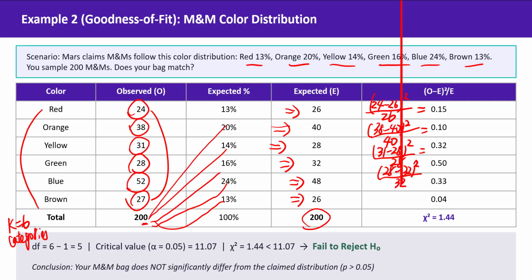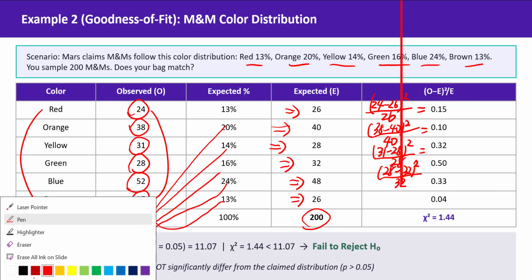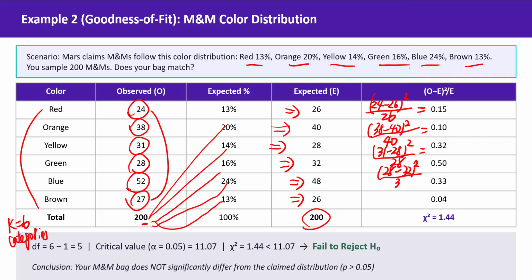That's actually 16 over 32. And that's 0.5. Second to the last, you do 52 minus 48 squared over 48.